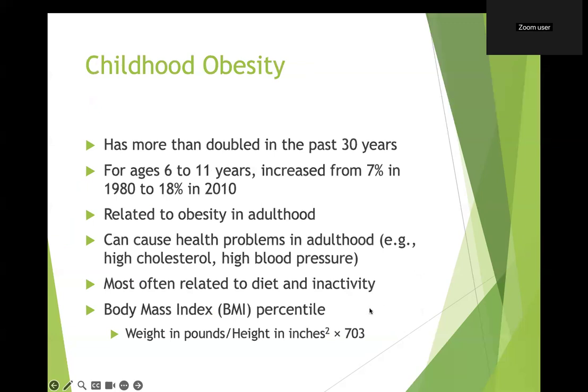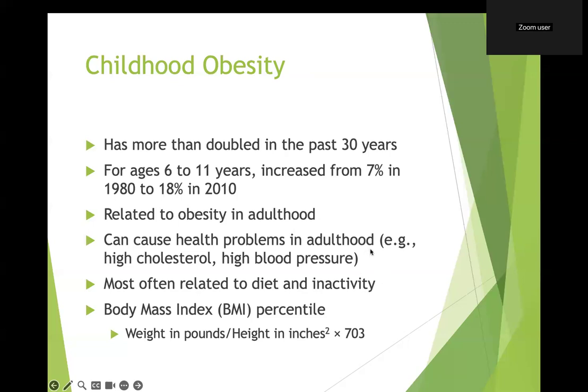Childhood obesity, obviously, we know that it's a problem and it's increased in the past 3 decades. So these are just some stats on the prevalence of it. It's also related to obesity in adulthood. If they're obese in childhood, they're typically going to continue to be obese into adulthood.